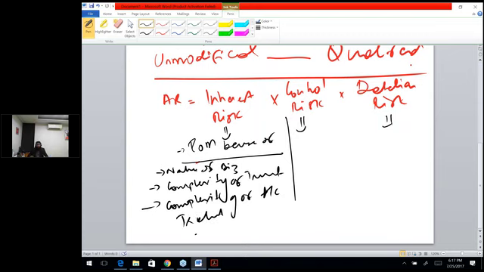If there is a risk of misstatement of financial statements because of any of these, then that is considered to be inherent risk.